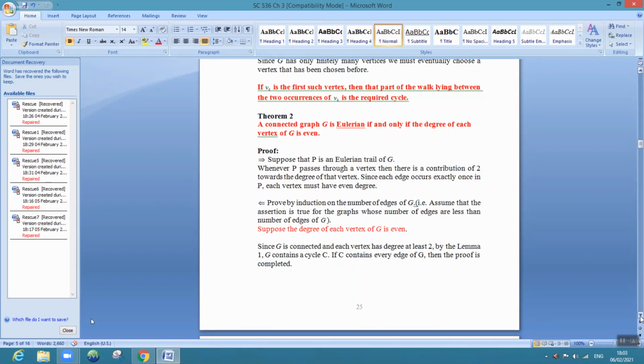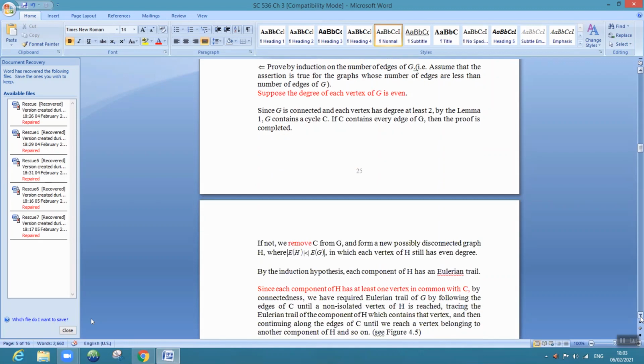If not, we remove that cycle from the given graph. Since the cycle has some edges, the resulting graph has fewer edges, and so it is Eulerian.